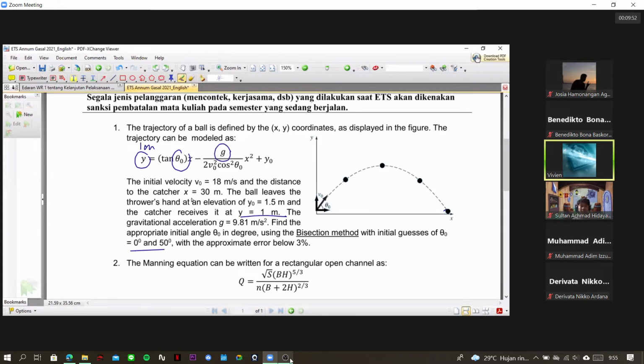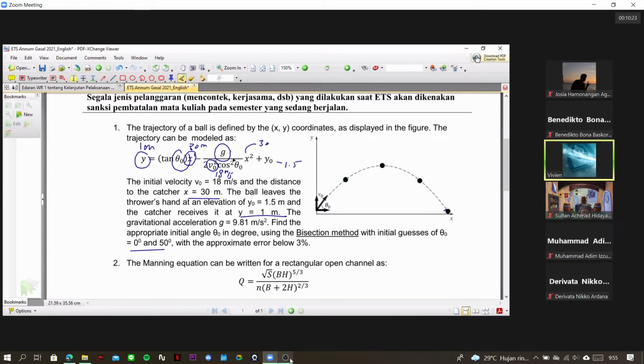We have the distance to the catcher, which is 30 meters, and v0, the initial velocity, is 18 meters per second. And we have x squared here, which is 30 meters again. And y0 is known as 1.5 meters. So with this, we know all of the variables except for theta 0, and the question is to find the value of theta 0 which will satisfy this equation.